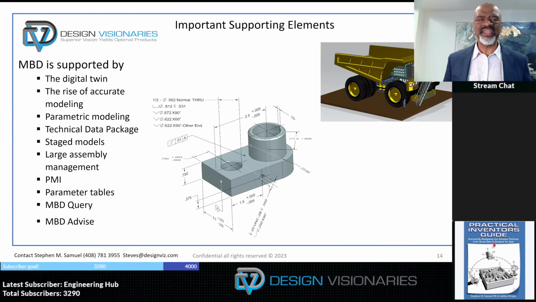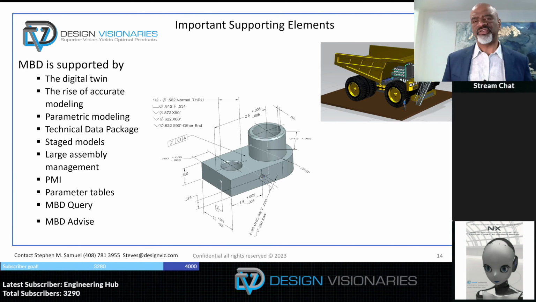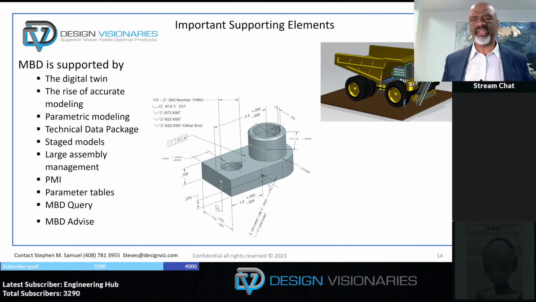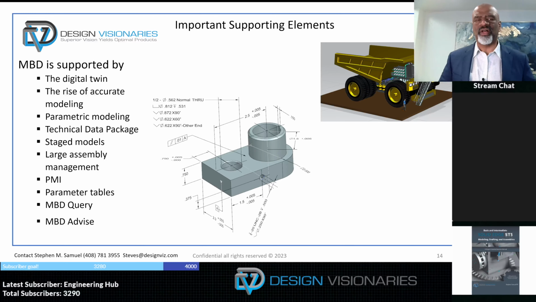We can do staged models, which means that we can capture a model or a product definition data of a component from when we do a casting all the way to all the different machining operations and all of the different processes that may happen to that, even coatings. All the processes that happen to a single component can be captured in this staged model.